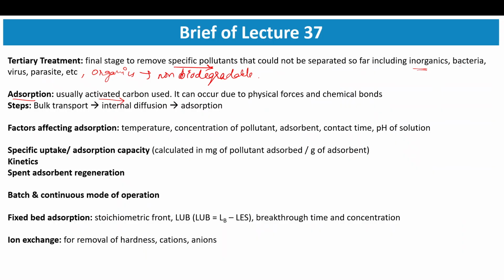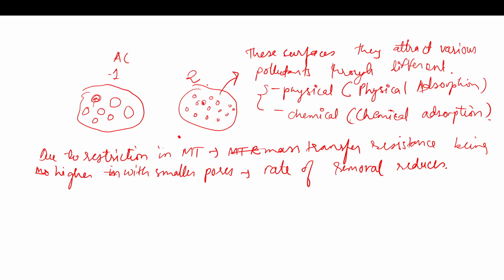Now if we talk about the steps of transport, there are three main steps for adsorption. These pores have some shape. If I show you a cross section, let's say this is the surface, then this pore could be of this sort, so some channel will be there of the pore.